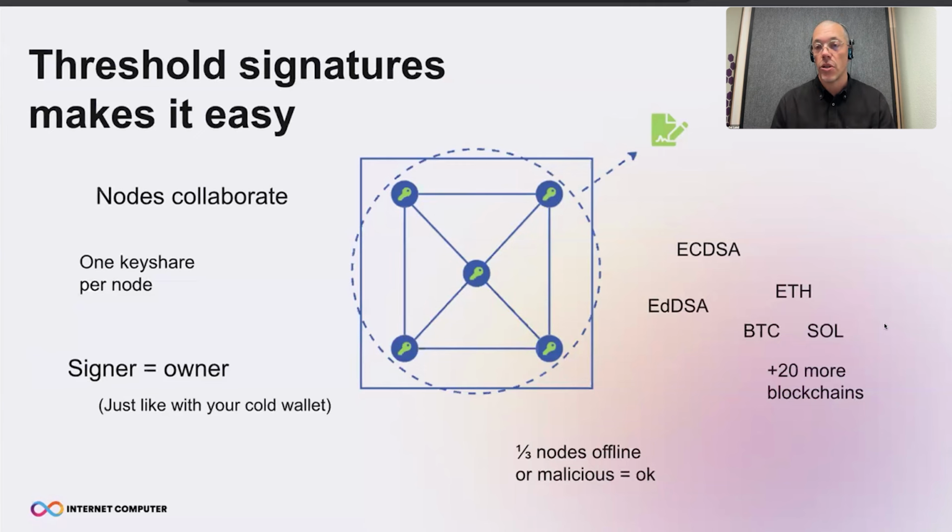They each hold a key share per node, and the nodes collaborate to sign payloads, and the private key is never ever reconstructed, so none of the nodes have access to it, and it's a very resilient system. Up to 1/3 of the nodes can be offline and still produce a valid signature.